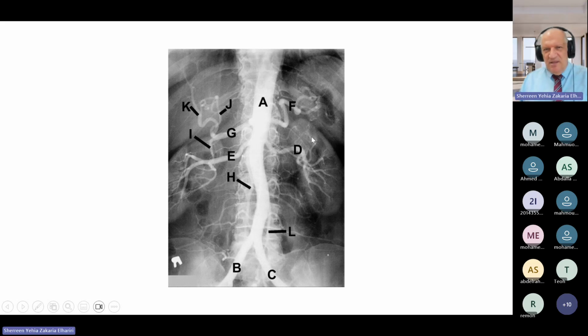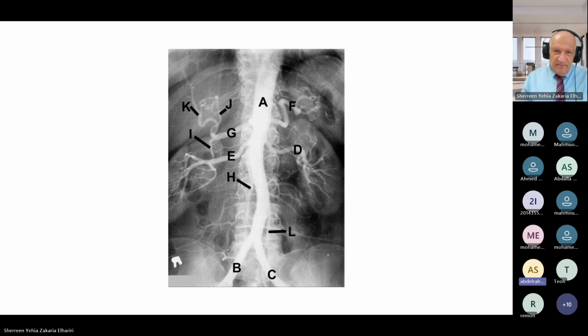Okay, Dr. Abdurrahman, just start again, ABC. A, aorta, descending aorta. Okay. B, right common iliac artery. C, left common iliac artery. D, left renal artery.